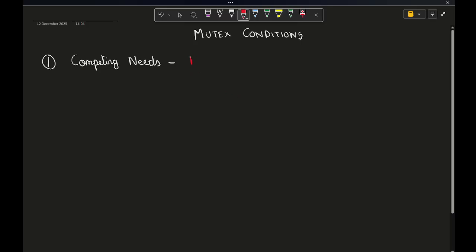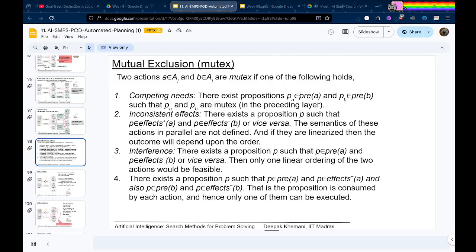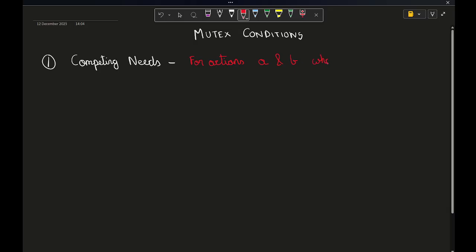Competing needs for actions A and B, whose preconditions are pairwise mutex. I'm just trying to write the same definitions in much simpler terms instead of relying on a lot of set theory notation.